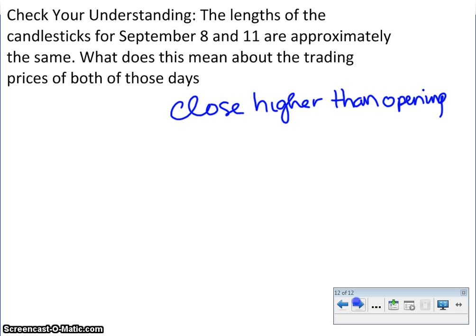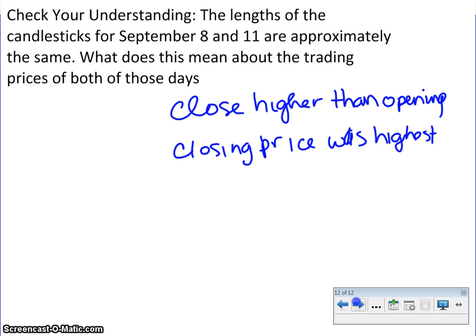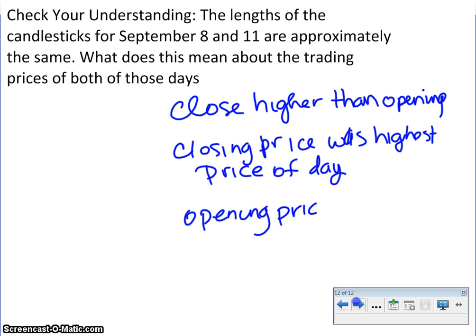And the closing price was the highest price of the day, and the opening price was the lowest for that day.